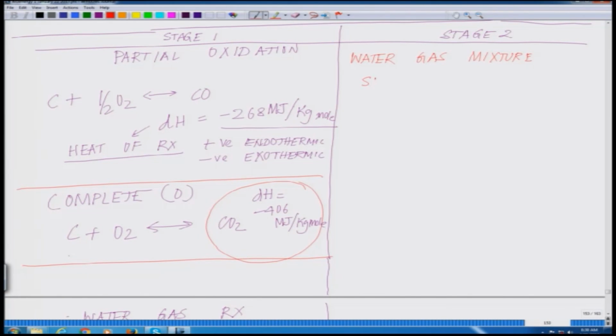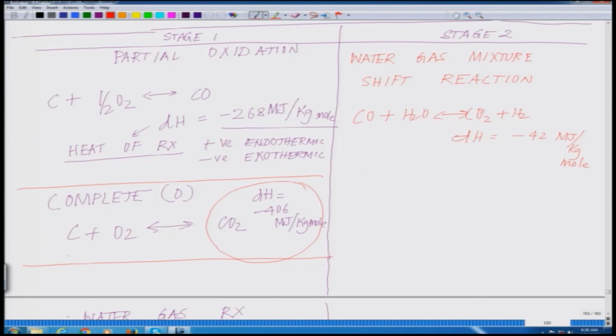That essentially means you have CO plus H2O, which becomes CO2 plus H2, and the heat of reaction for this is minus 42 kilojoule per kilogram mole.